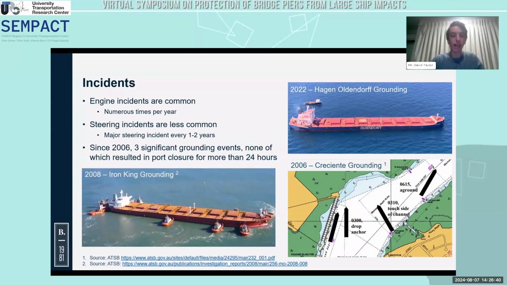And then another example was in 2006, when a ship got pulled off its mooring and drifted free while the tide was falling, and actually grounded in the channel when the tide got below a height which allowed the ship to float, and remained grounded for the rest of the tide cycle. So these are some of the incidents that could escalate to lead to channel blockage.